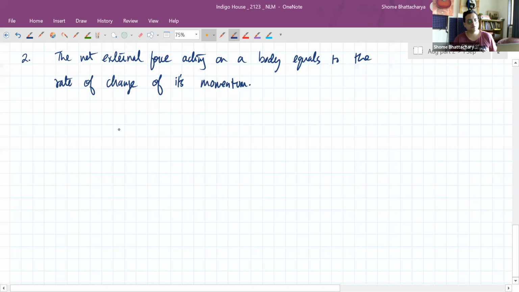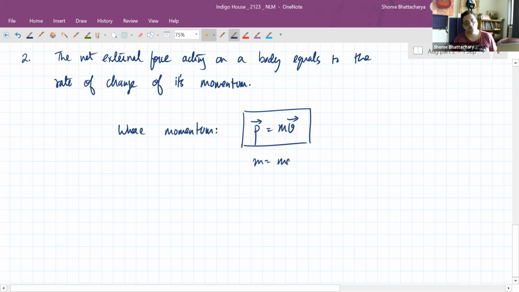Now, first of all, we'll understand what momentum is. Momentum is a vector quantity denoted with the symbol P, which is mass into instantaneous velocity. So m is the mass of the body that we're discussing, and v is its velocity. Then P becomes the instantaneous momentum.